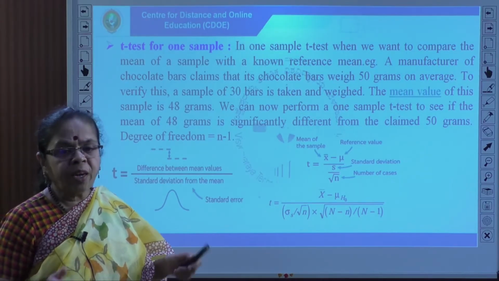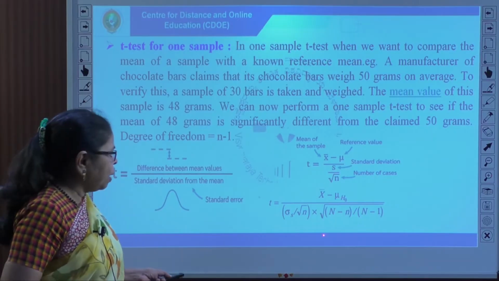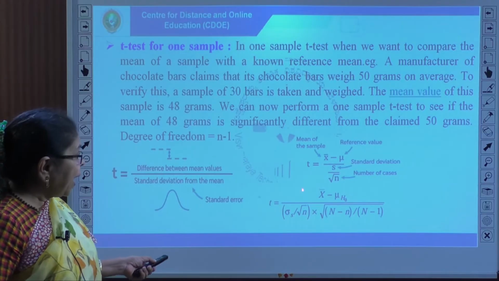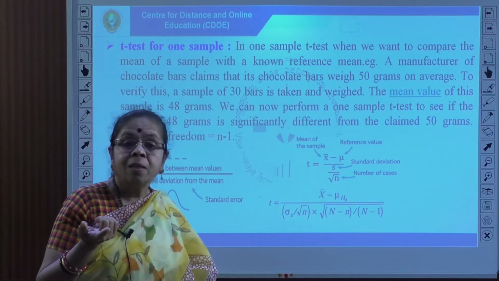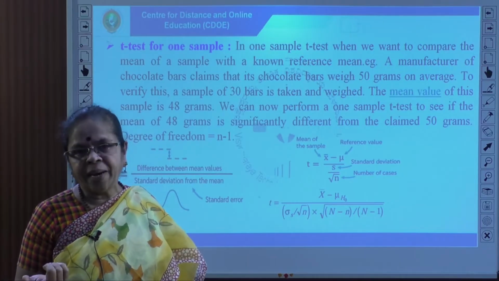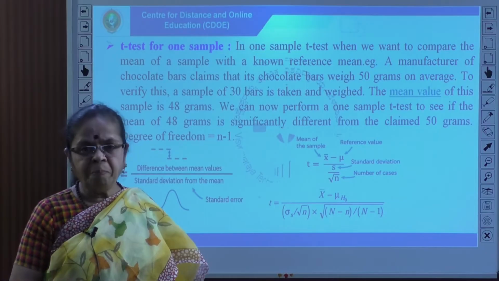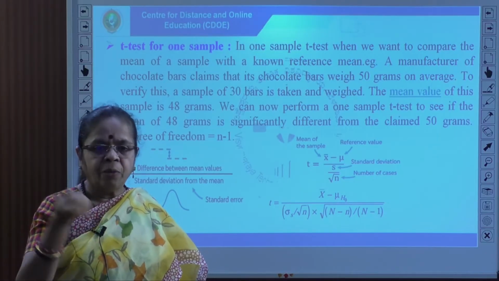Now, if I am using a finite population, I use the formula x bar minus mu H naught, divided by sigma s by root n. Why sigma s? Remember, I do not know the population standard deviation. I know only the sample standard deviation. So, for standard deviation, we use s or sigma.